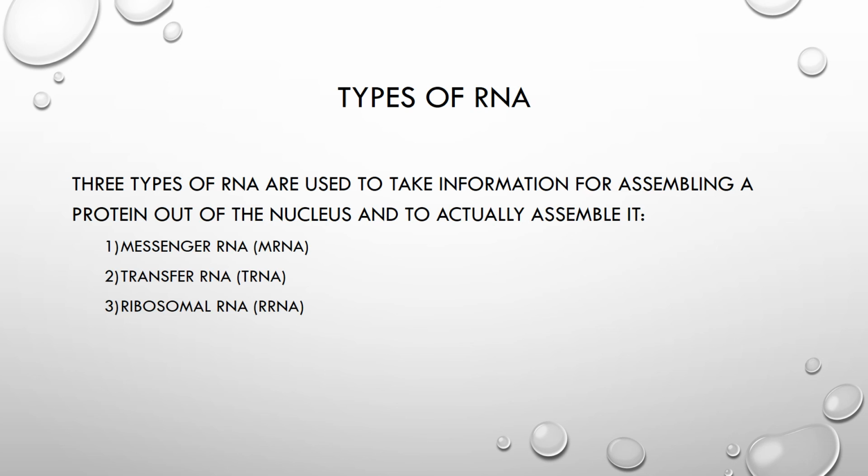There are 3 different types of RNA, and these are used to make different types of information for assembling a protein after it has come out of the nucleus in DNA.